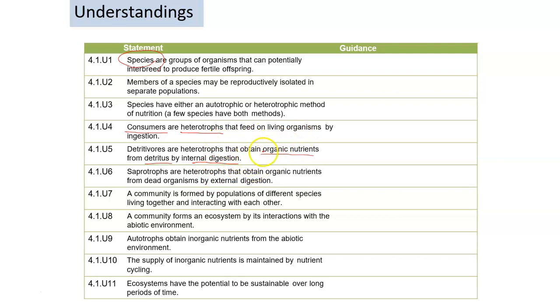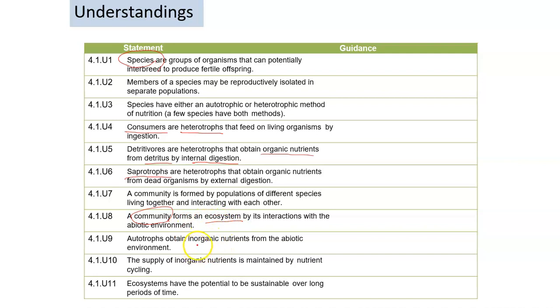So these are the things we are going to learn about, and also the definition of saprotrophs, which is another type of heterotroph. And we will learn about the community, how communities are formed by populations, and how the community can form ecosystems.